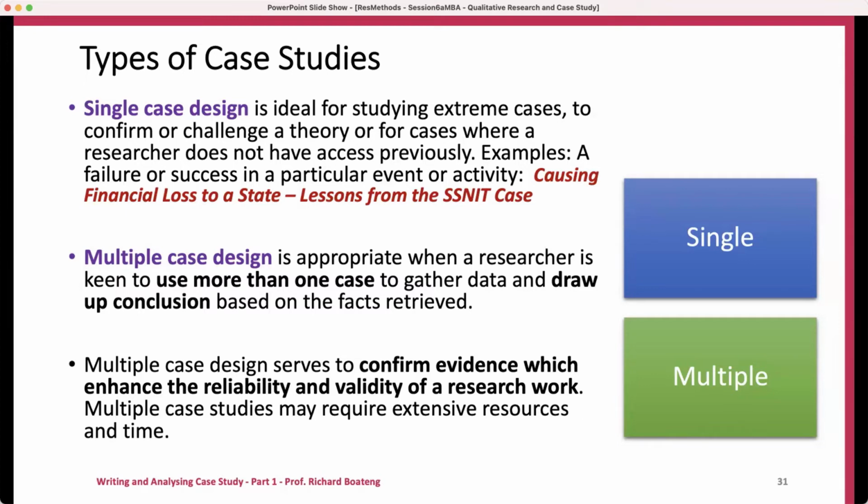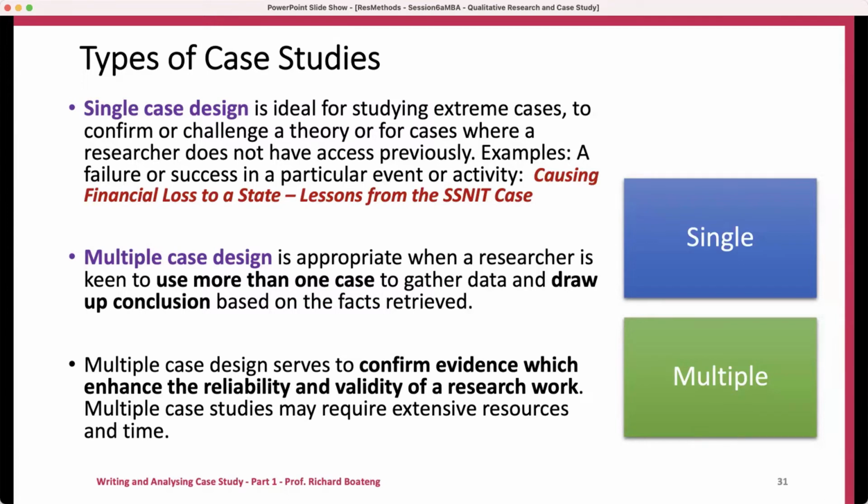Multiple bounded means that there are different ones. For example, I can say I'm doing e-learning in the University of Ghana and GIMPA. GIMPA is one bounded phenomenon, one bounded context, and another bounded context is University of Ghana. So I would like to do the study in University of Ghana and then in GIMPA. That would be a multiple case study. So it draws from more than one case.